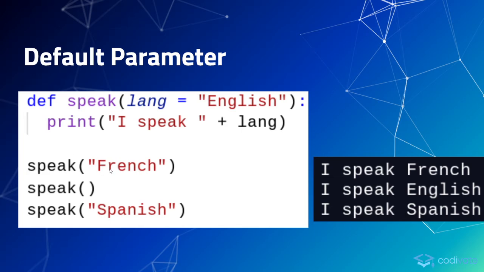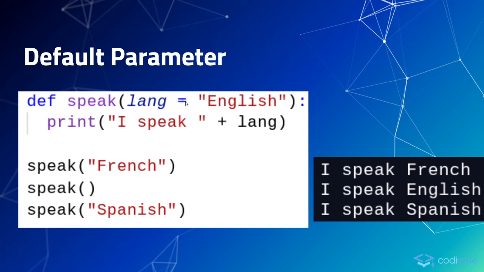The first one, speak French. In this case, lang is being assigned French because we actually entered an argument here. So we'll print "I speak" and the value of lang, which we made French here. So we'll print I speak French. The second function call, we don't put anything here. In the case we don't put anything here, we are supposed to get English.